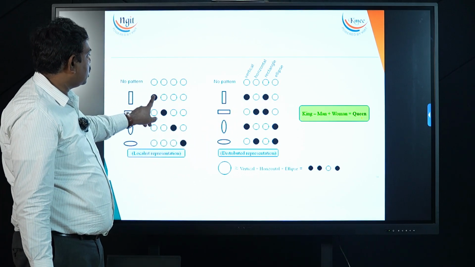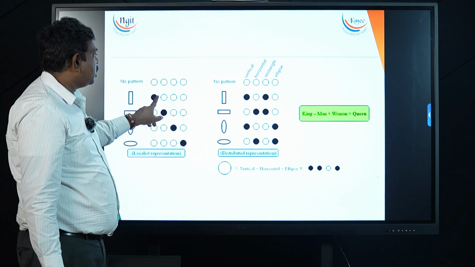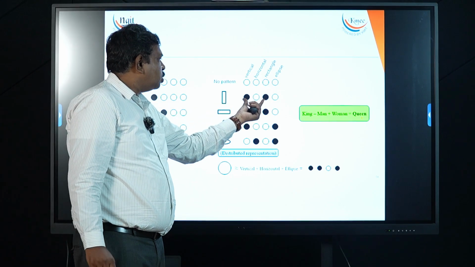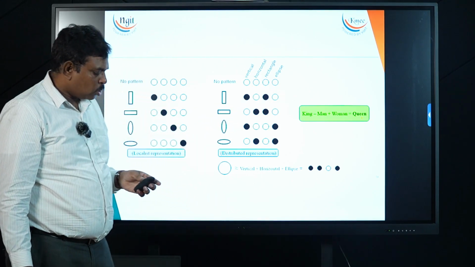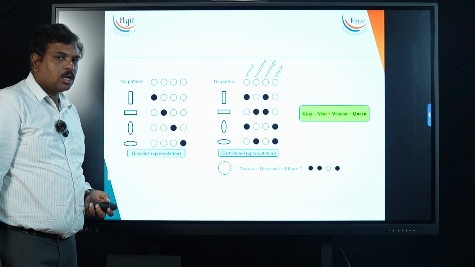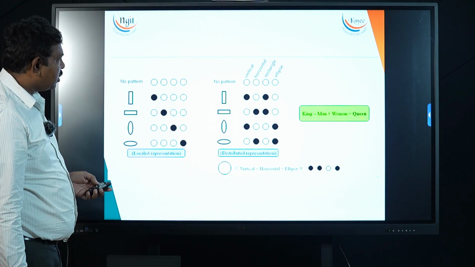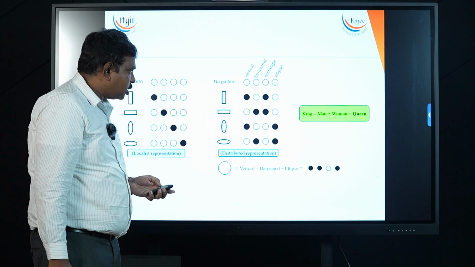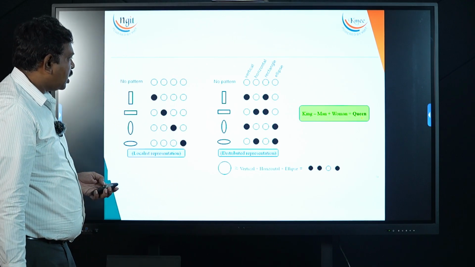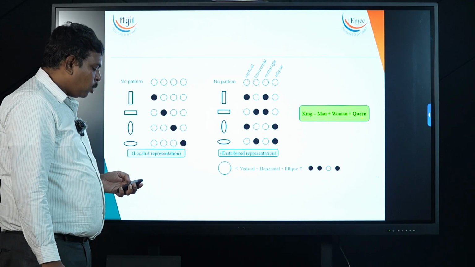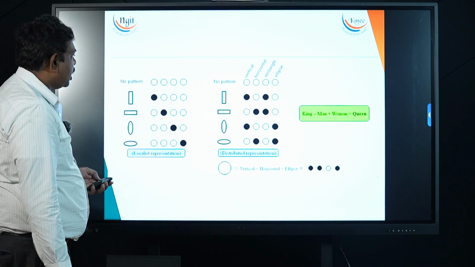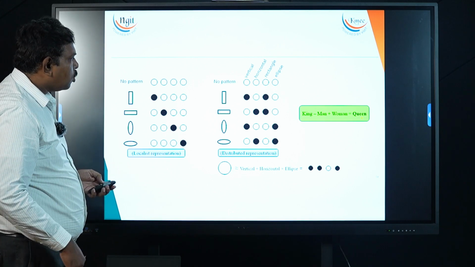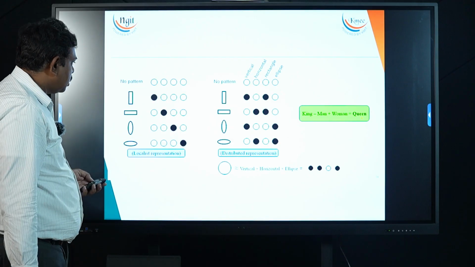Here only one data item is represented, but a neuron is able to store multiple features and concepts. When it is activated, a group of neurons are activated together, so that we can improve the efficiency of our network. It means it is storing more knowledge than a normal localized representation.